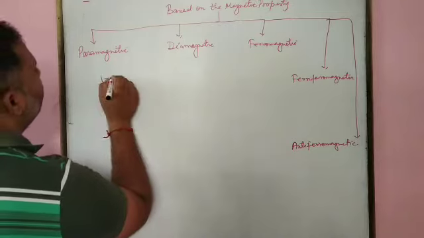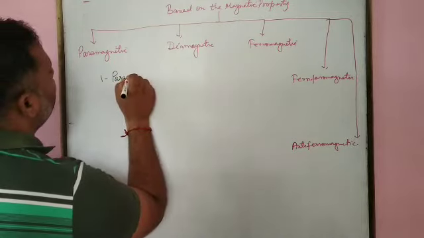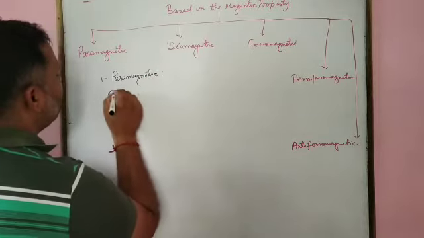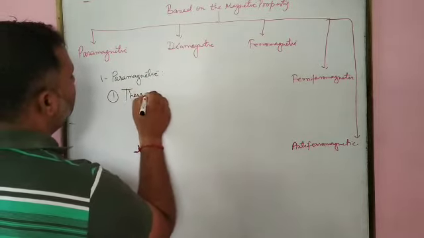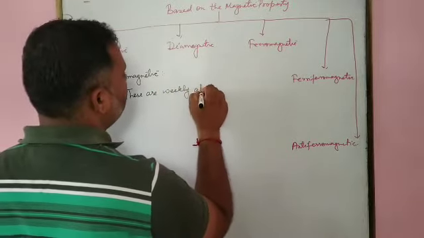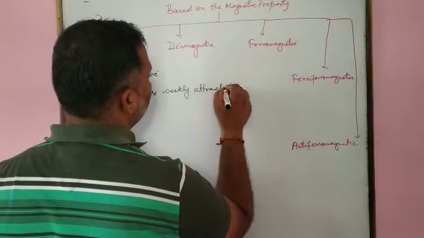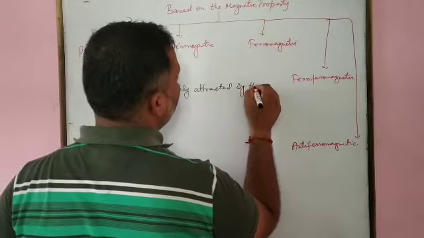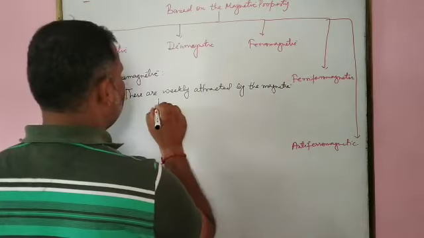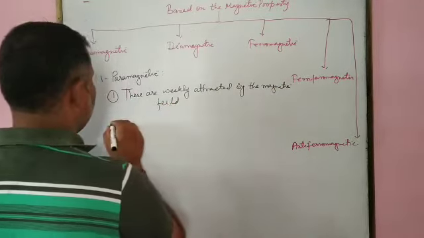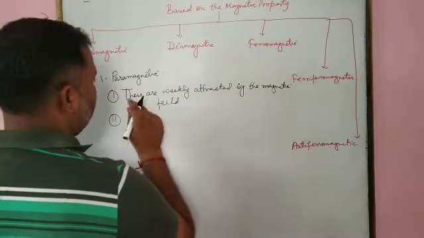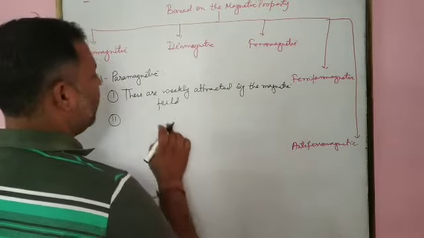So first one, paramagnetic. These are weakly attracted by the magnetic field.